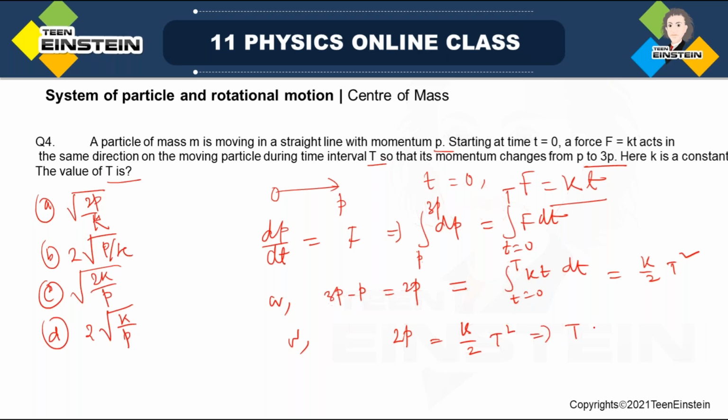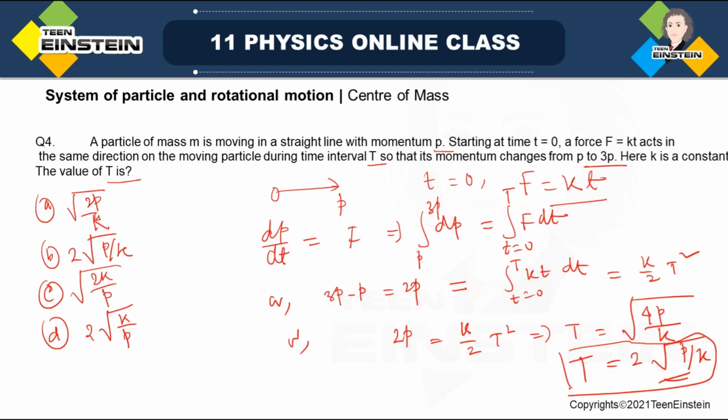So T will be square root of 4p by k, and this would give you 2 root of p by k. So this option will be the correct answer in this case.